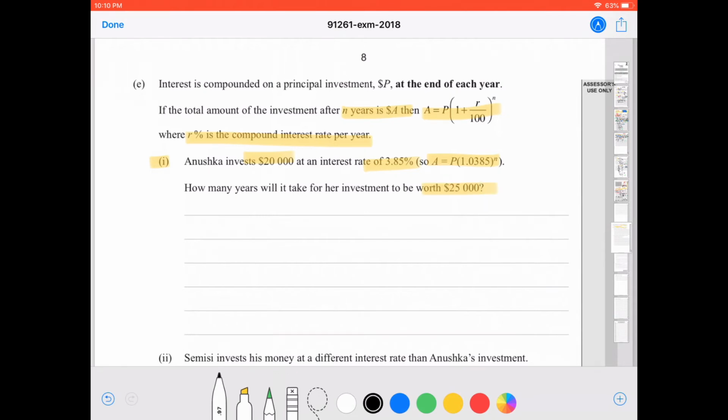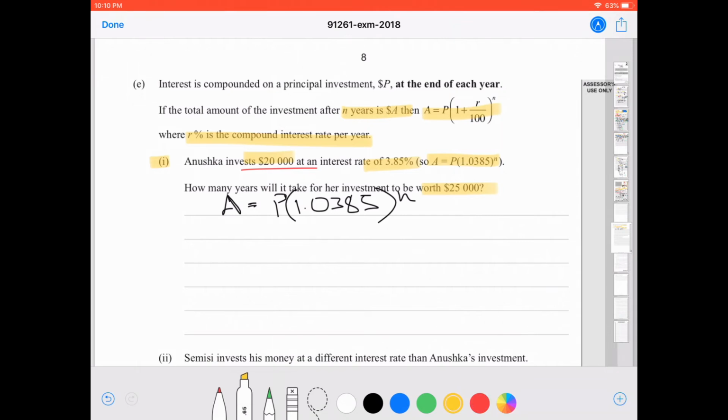So we're just going to use our formula here. We can say we've got A equals P times 1.0385 raised to the power of n. Our principal was the initial, so 20,000.